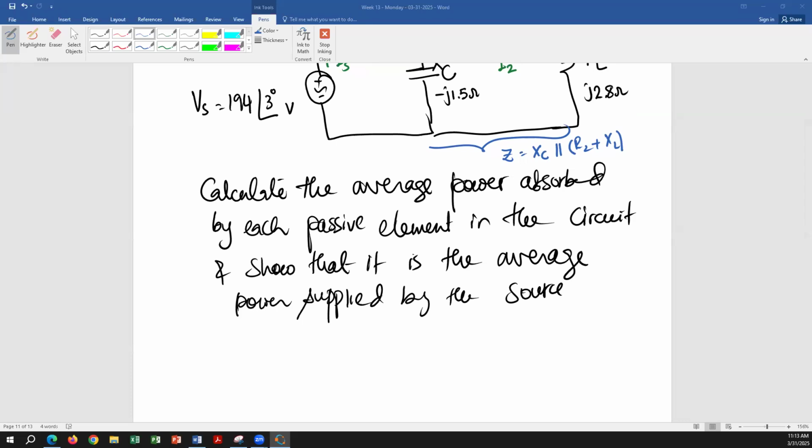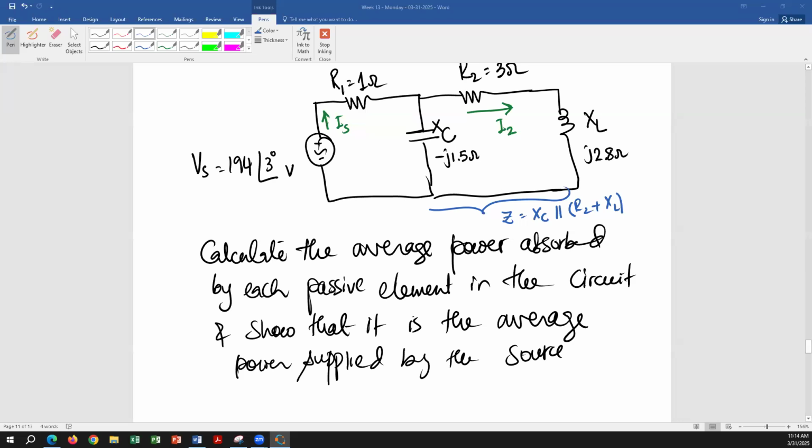All right, I entered all the values in my MATLAB. So let's go ahead and calculate the impedance Z, which is the parallel combination of XC and R2 plus XL.